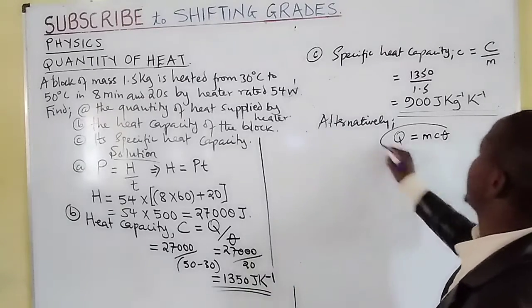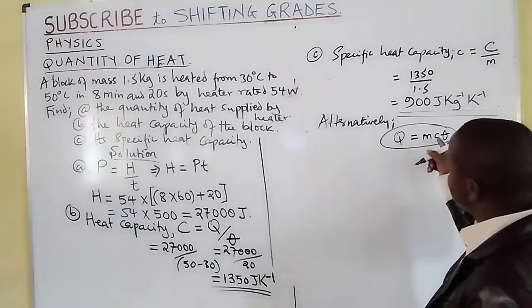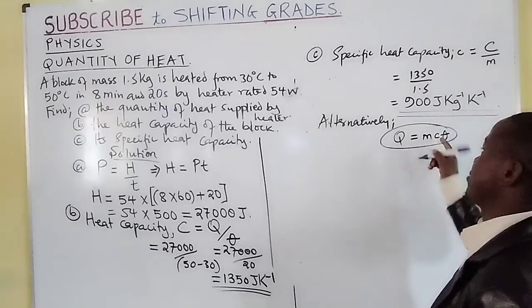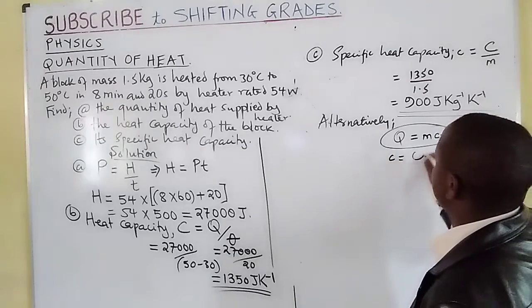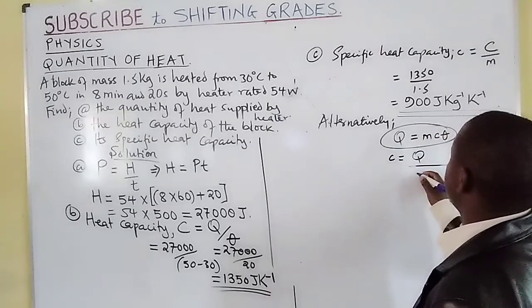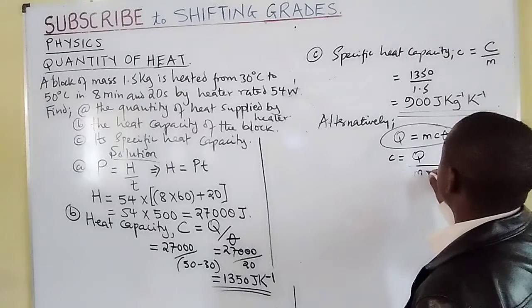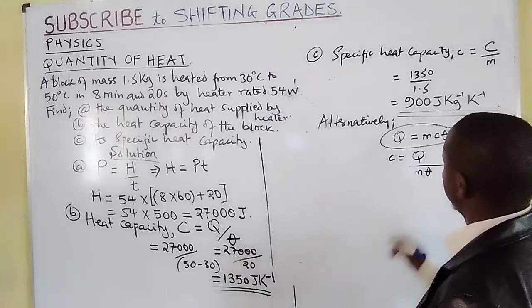It's given by this formula, meaning that we can get the specific heat capacity as quantity of heat divided by mass times change in temperature.